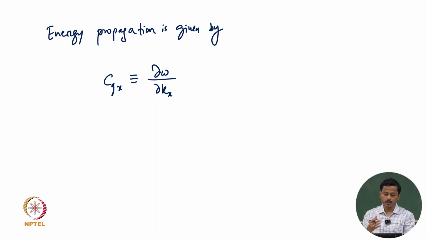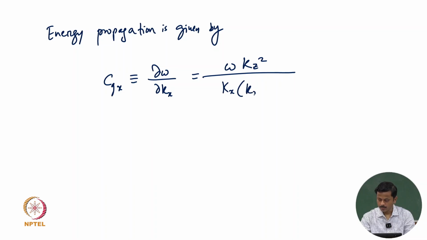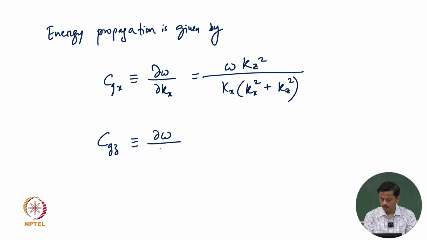This is the component of the energy in the x coordinate direction, and this is equal to, from the dispersion relation, just a one-step differentiation of omega with respect to kx. Similarly, this one is omega with respect to kz, and this is left as an exercise because it's a very easy calculation.